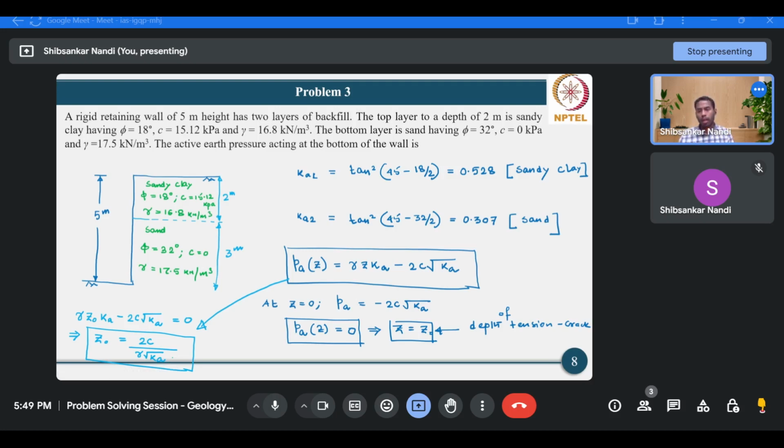Here c is cohesion, gamma is the unit weight of the backfill, and k is the earth pressure coefficient at active condition, so we can easily calculate the depth of tension crack. After this depth, whatever pressure we get will be under compression.